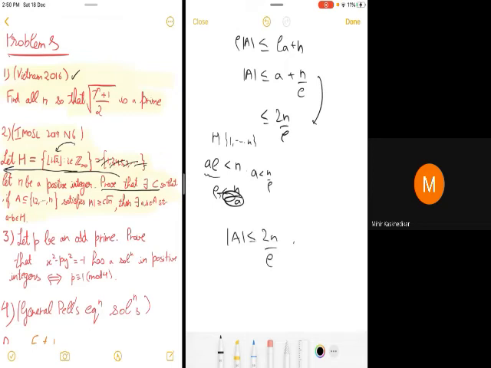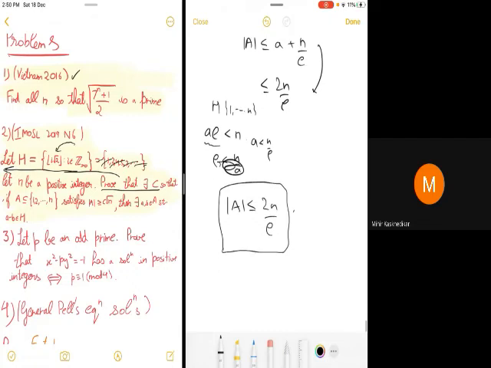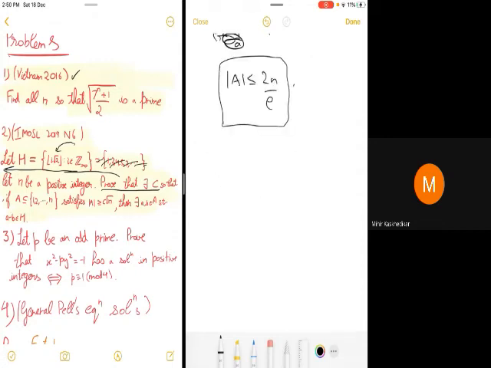Great. Now we need to prove that there is an AP of at least length root n, less than equal to n, in H. We need to prove there is an AP which has more than C root n values for all n, because constants don't matter. If we have that, then this is less equal 2 over C root n, like n over root n, and this is just root n.